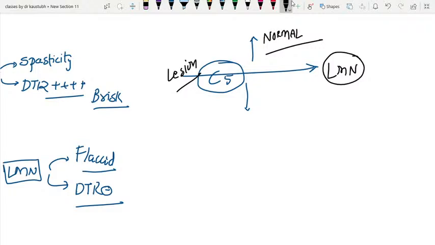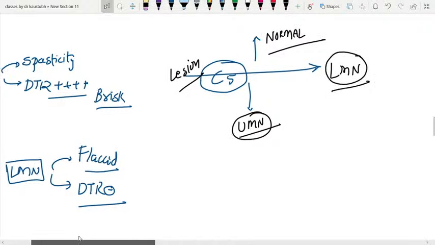Whereas at the levels below C5, it will act like upper motor neuron, because for the levels below C5, your corticospinal tract is still continuing to reach until that specific level's anterior horn cell. So this is what you need to understand. At any level you check, above that level it will be normal, at the level it will be lower motor neuron, and below that level it will look like upper motor neuron.